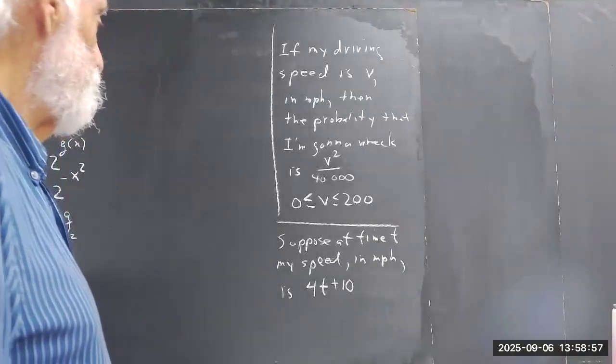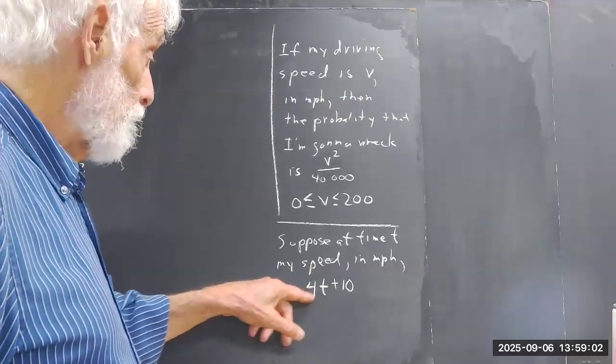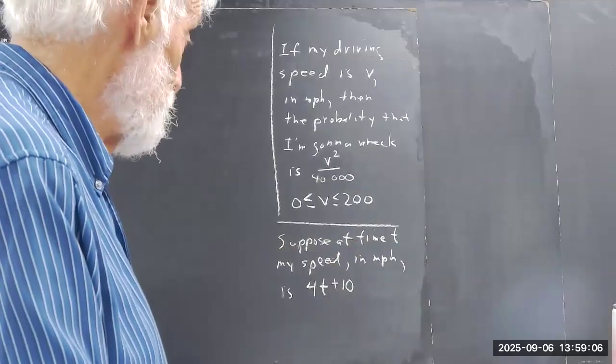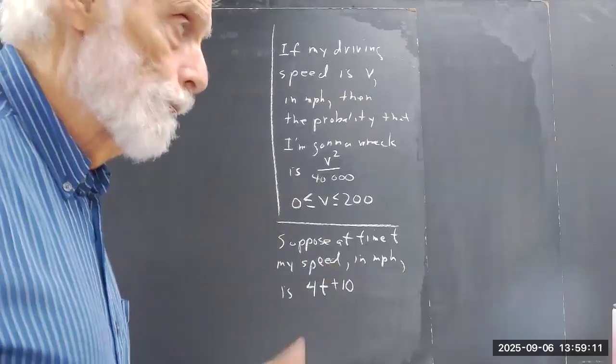So, for example, if t equals 10, that's like 10 seconds, 4t is 40, add that to 10, you'd be doing 50 miles an hour after 10 seconds. You'd reach 72 miles an hour after 13 seconds.